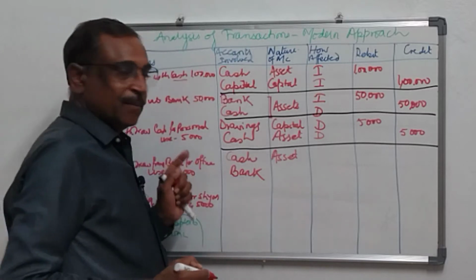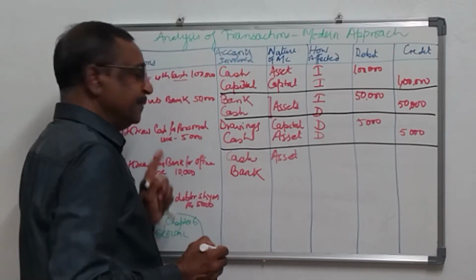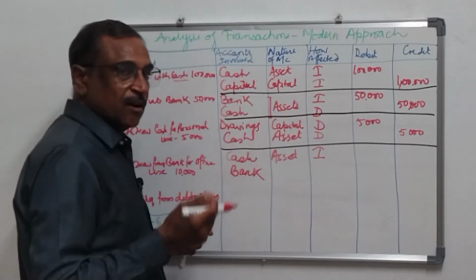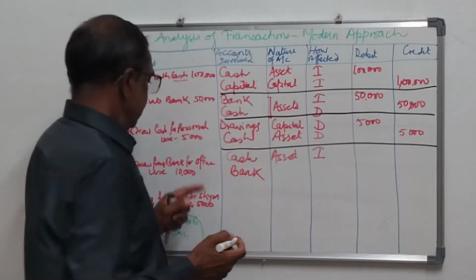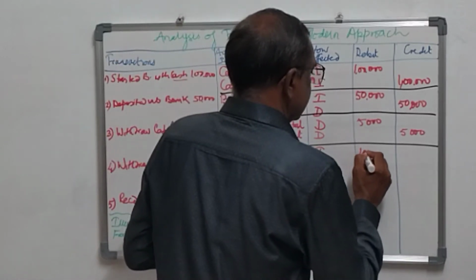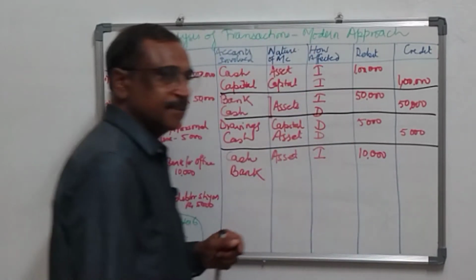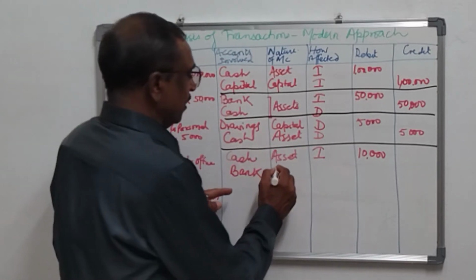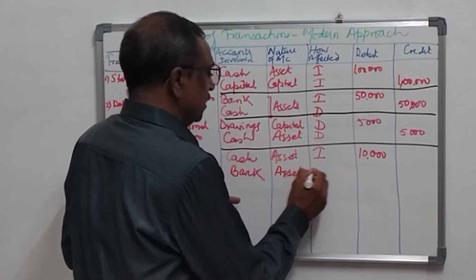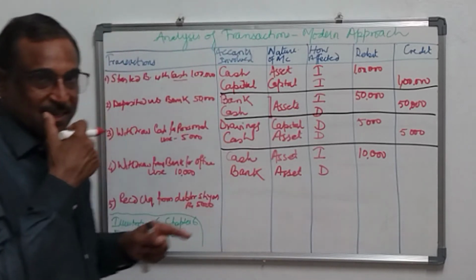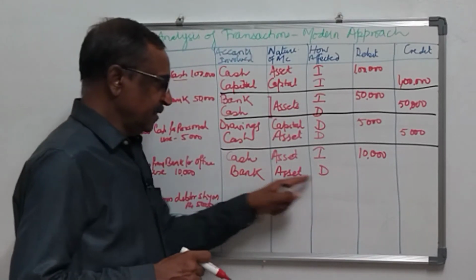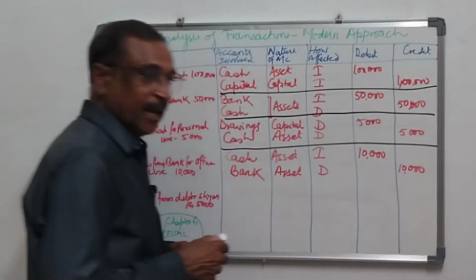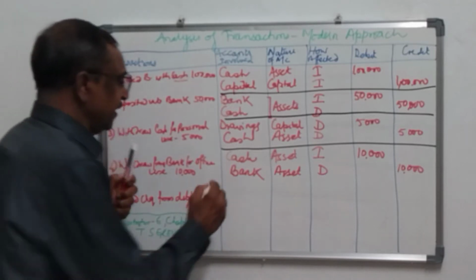Your cash in the office is increasing because you have taken out money from the bank. So increase in asset is debited. Bank is also your asset, but the balance in it is decreasing. Decrease in asset is credited.